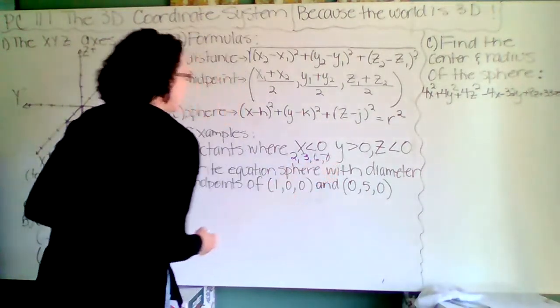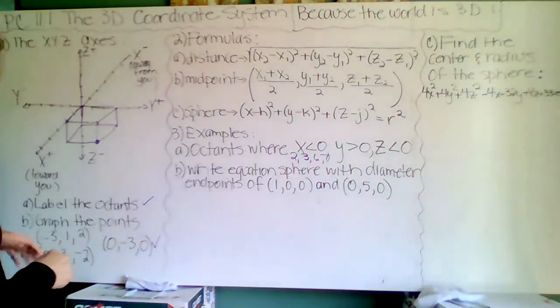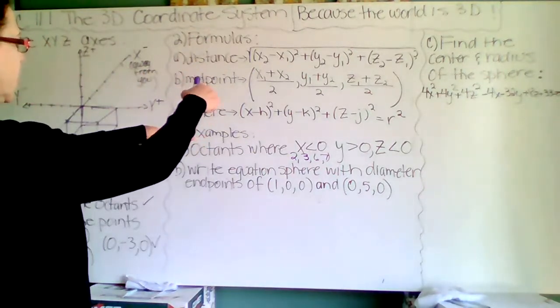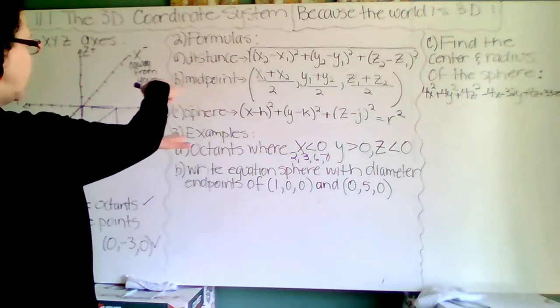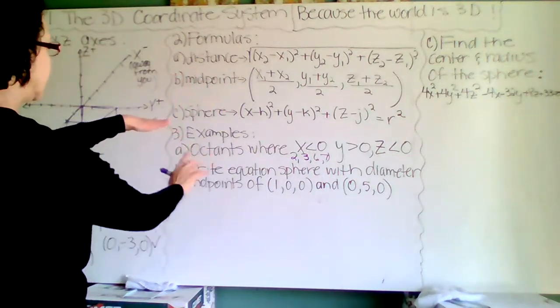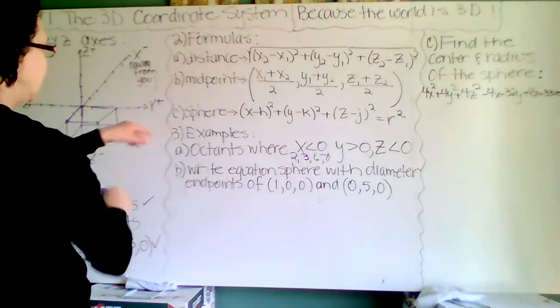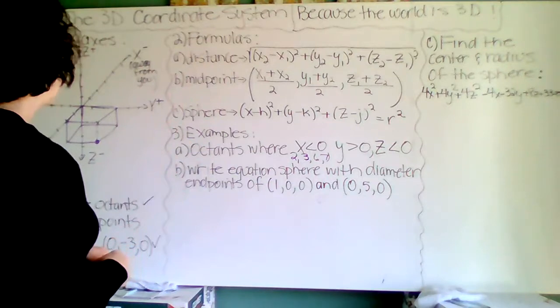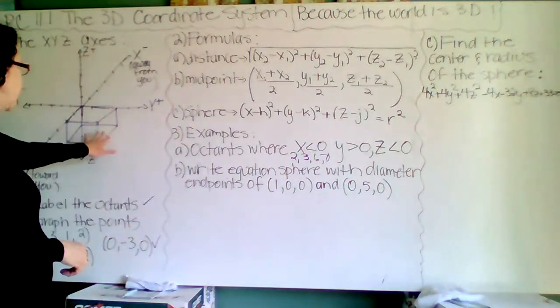Okay, so these are the octants that we're working with now, right? So here we go. We're counting, octants 1, 2, and 3 are behind, 4, 5, 6, and 7 are behind, right? And where are the y's greater than 0? Those are the octants on the right.